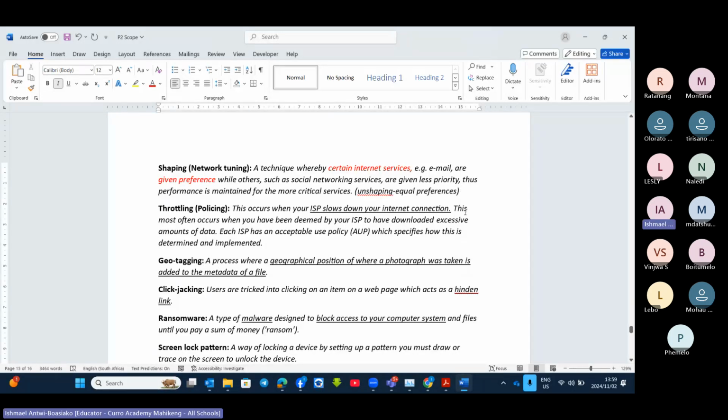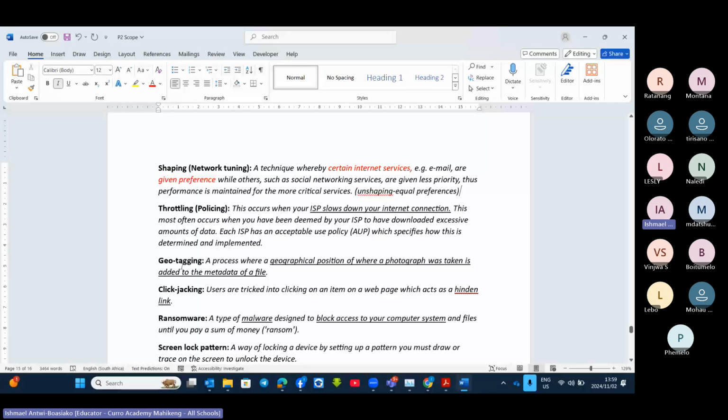You must also know why they do throttling. Sometimes they can ask you this question: why do ISPs throttle people? Remember, they depend on the AUP, the acceptable use policy. That will determine whether they should slow down your internet connectivity or not.